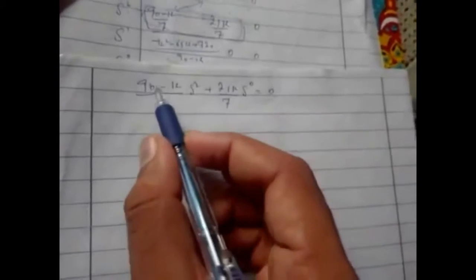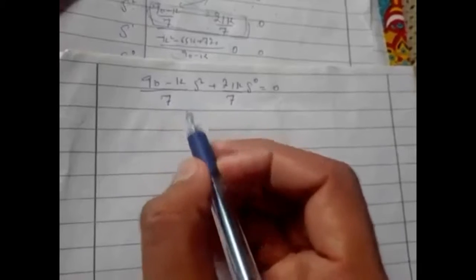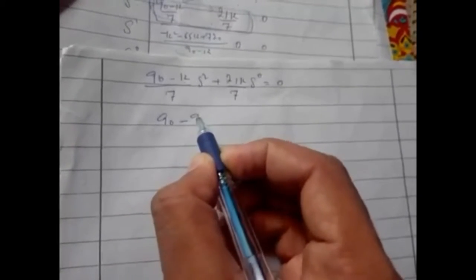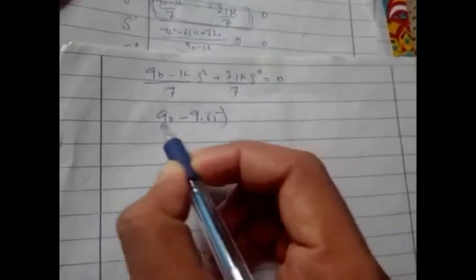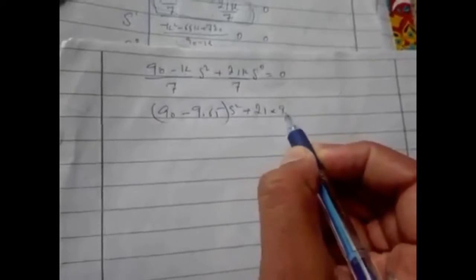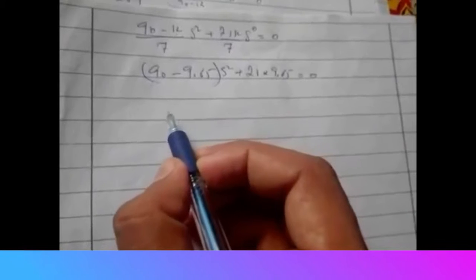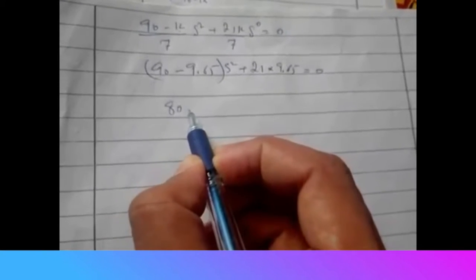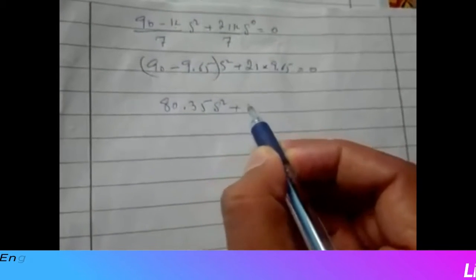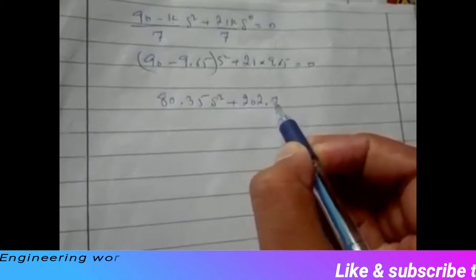Putting in the value of k, which is 9.65: 90 minus 9.65 times s squared plus 21 into 9.65 is equal to 0. So here you get 80.35 s squared plus 202.7 is equal to 0.